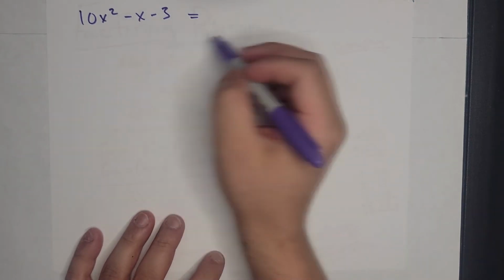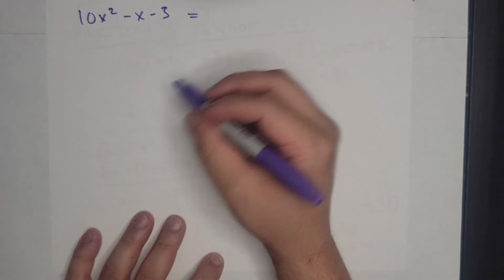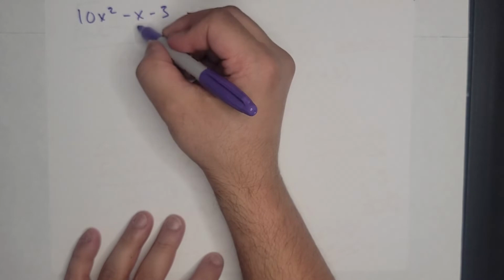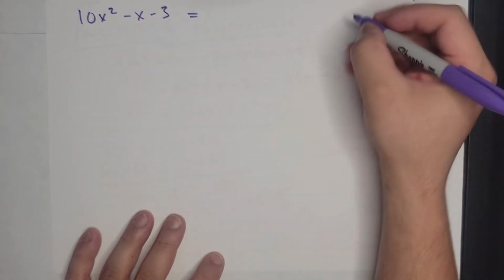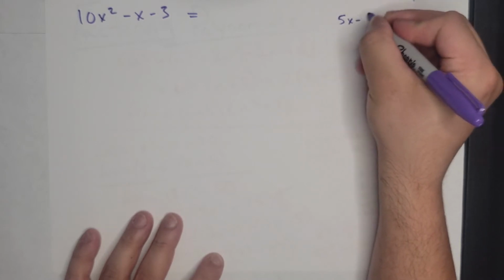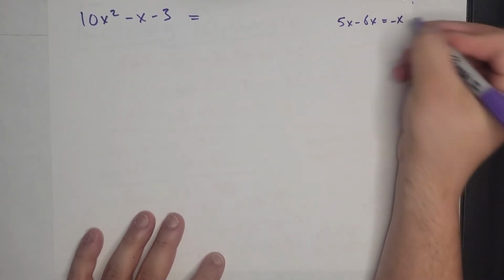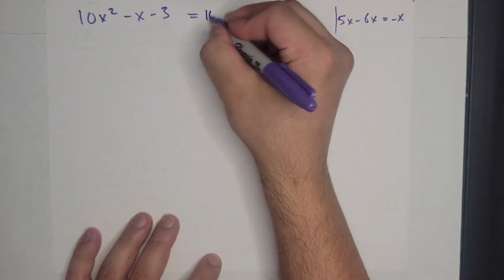When we look at this, we see that we don't have any common factors. So what we can do is take this middle term and split it. So I know that 5x minus 6x is equal to negative x. So instead of writing that, I'm just going to write it.